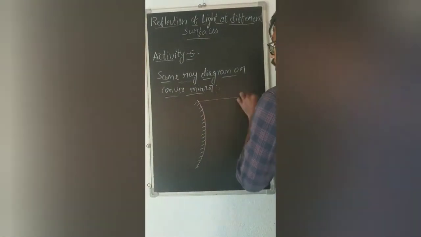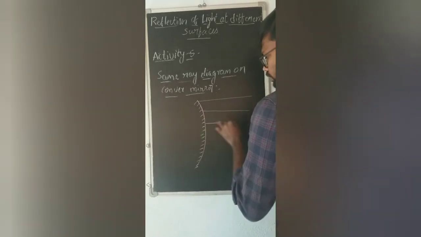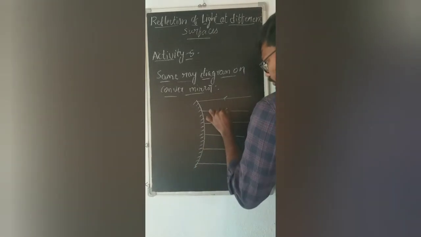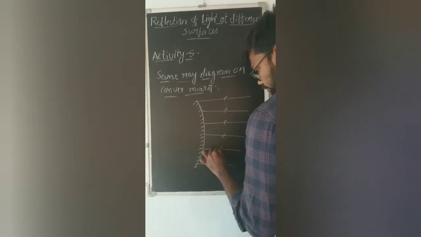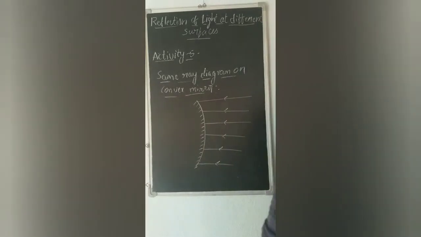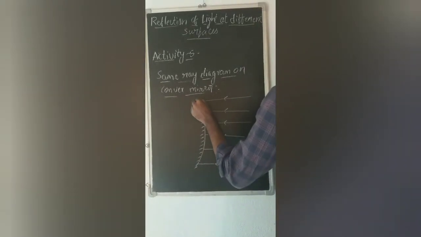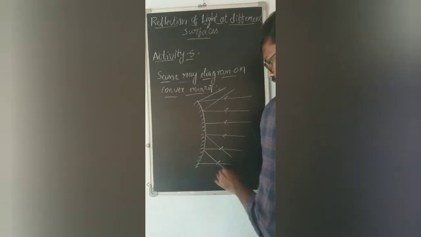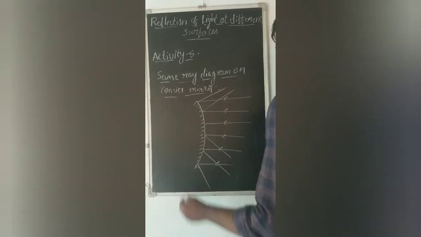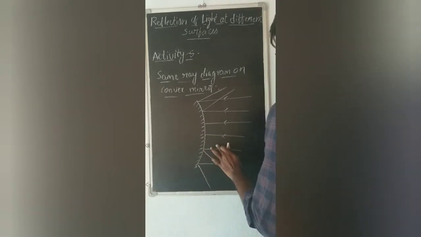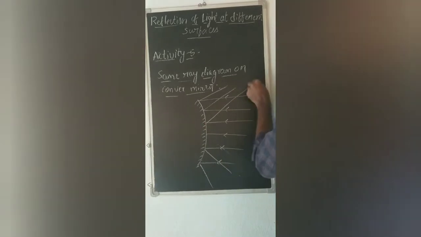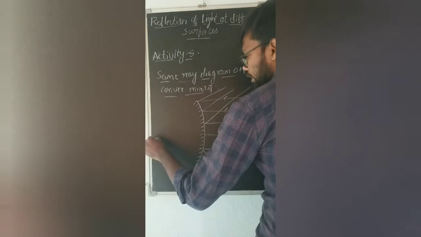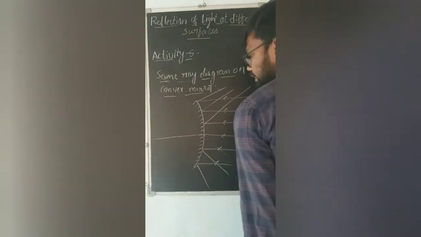When light rays fall on the convex mirror like this, they reflect back. This is the principal axis.